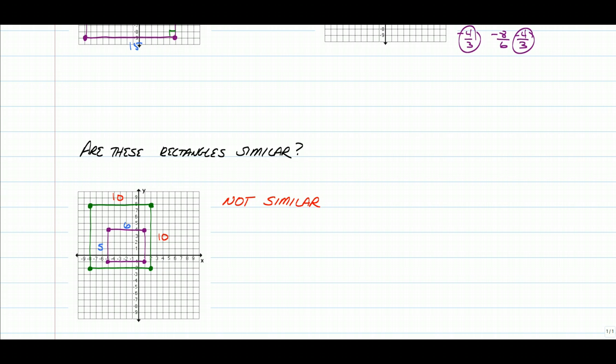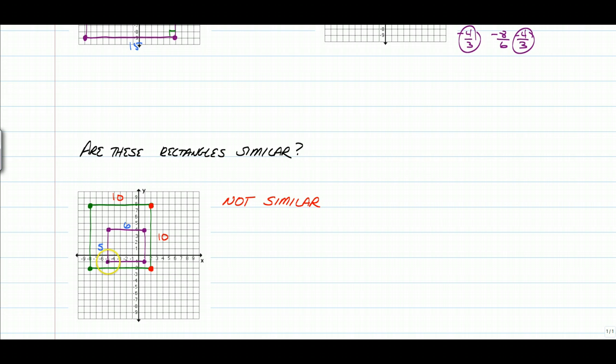Another way you could have done this is you could have dilated one of the figures, because you see that 1, 1 and 2, 2. So basically the green one is twice the size of the purple one. So what you could have done is multiplied 1, negative 1 by 2, and you would have gotten 2, negative 2. And then multiply 1, 4 by 2, and you get 2, 8.